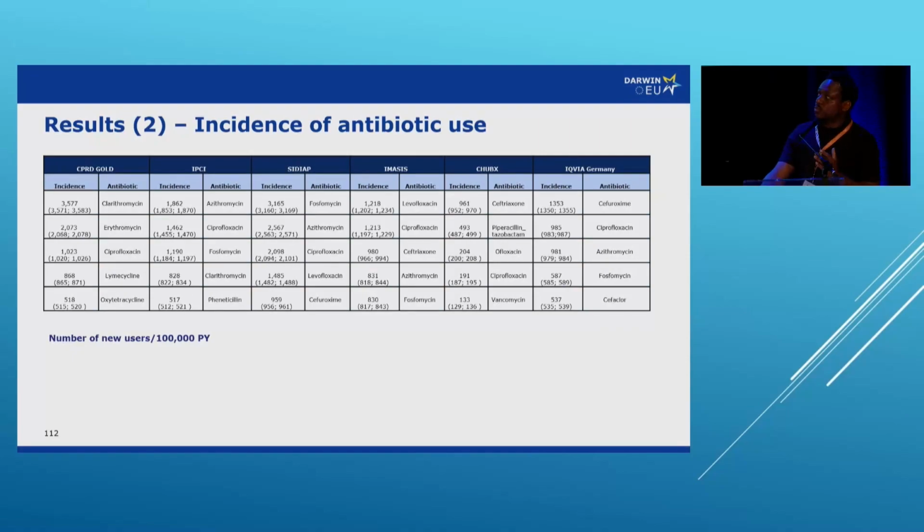If you focus more on the 2 secondary care databases, you would see that the top 5 also included ceftriaxone. There are a number of other antibiotics that had a higher incidence of use, exceeding 1,000 per 100,000 patients, which included azithromycin, fosfomycin, and the rest.